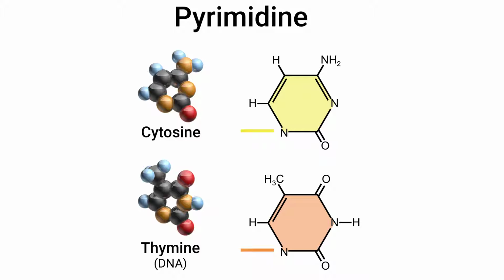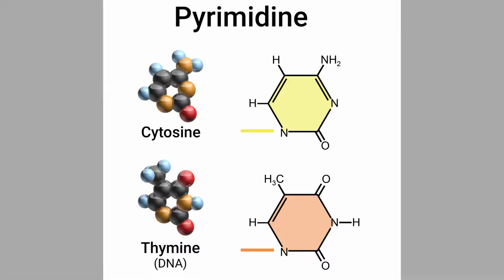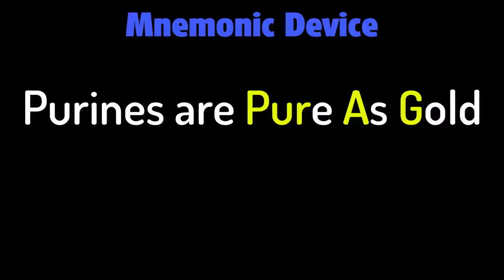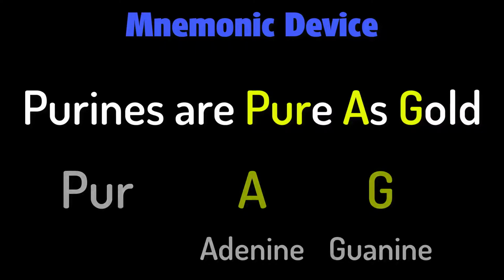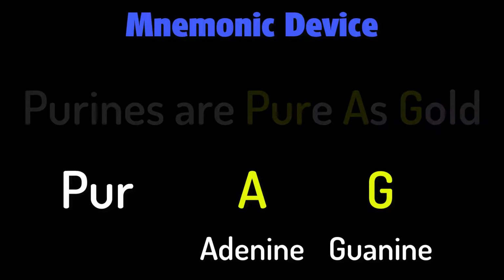So here's how you can remember them. You can remember them with the help of this mnemonic device. Purines are pure as gold. So pure, P-U-R, is for purine, and as gold, A-G, adenine and guanine.